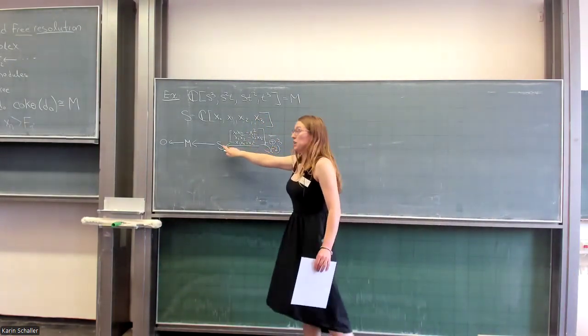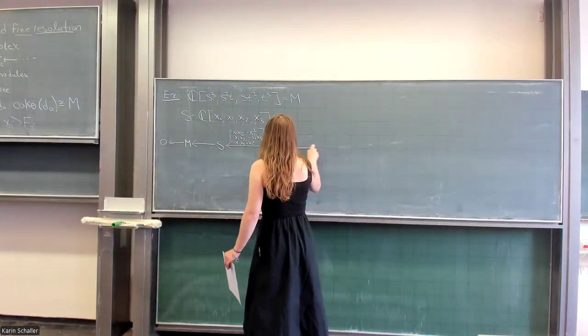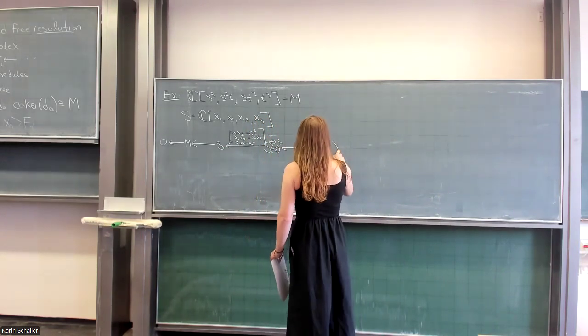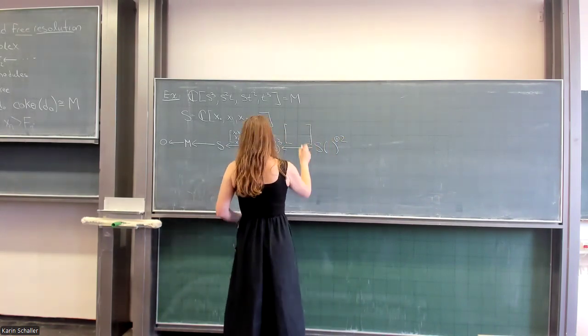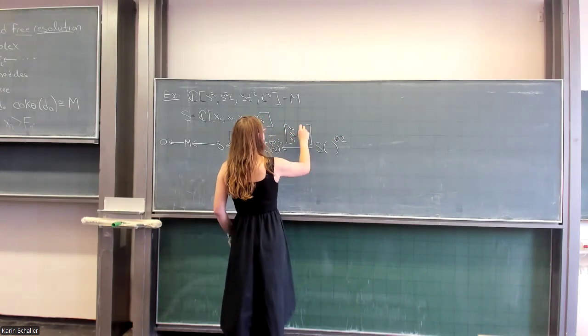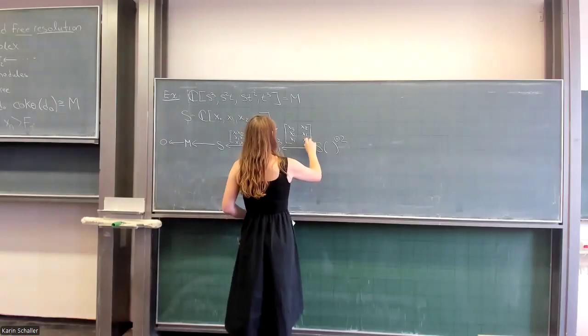This map is now going to have a kernel itself, and we continue to check that the kernel is in fact generated by two things. The kernel is generated by X3, X2, X1, and X2, X1, X0.